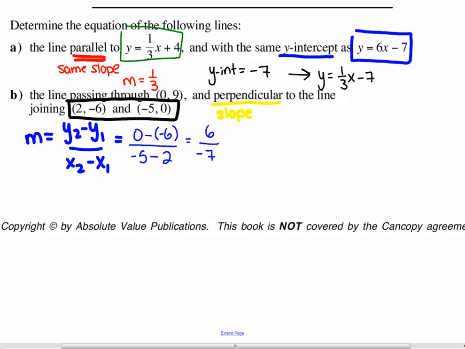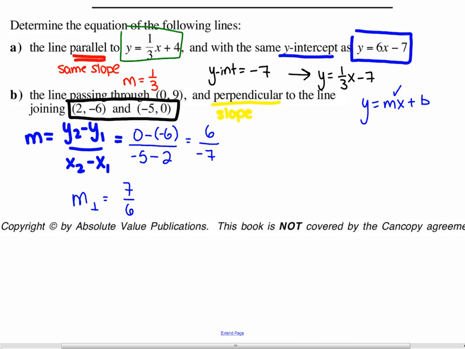Okay, so does our line have that slope? Or what is the slope of our line? Positive, opposite sign, and flipped, because we're perpendicular. So positive 7 over 6. In order to make the equation, we need 2 things. We need slope, check. We need y-intercept.